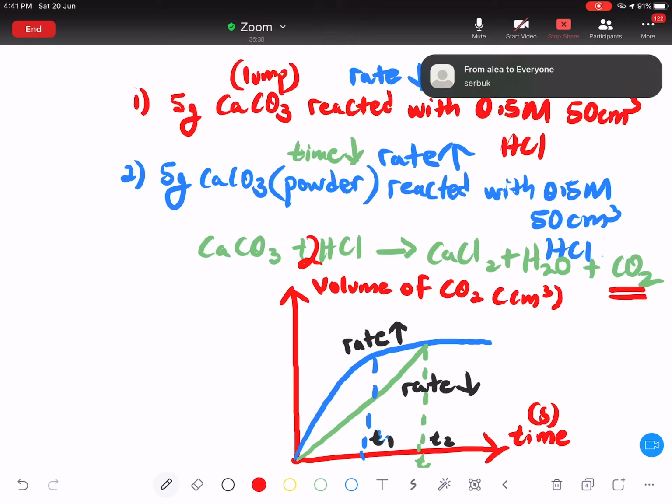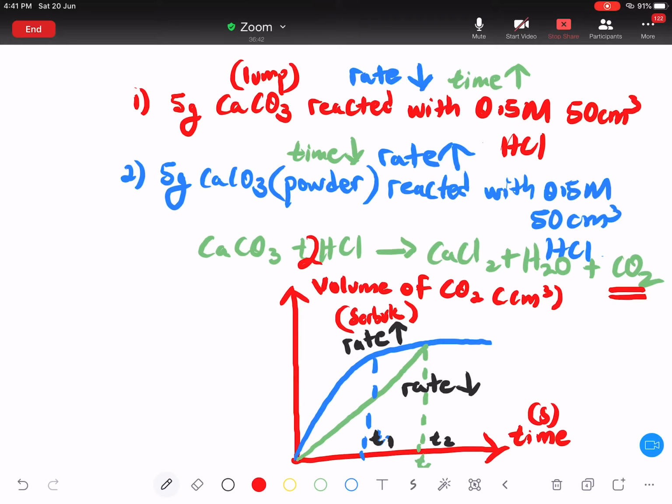Therefore, this is your powder. The blue line is the experiment for powder. The green line is the experiment for lump. This is the answer. Do you understand?